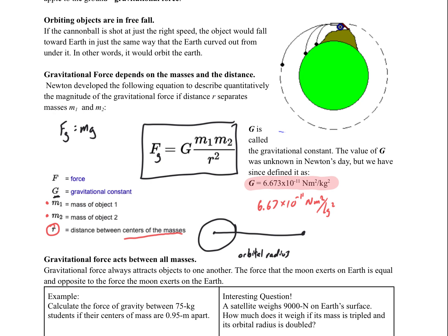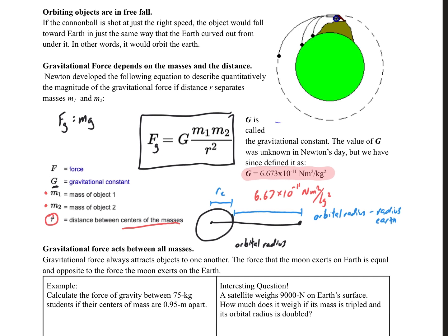I could ask how high above Earth, right? And so basically it's going to be the orbital radius minus the Earth radius, and that would give us how high above the Earth it is. So we'll just make sure we understand what the question is asking us. But the first few are fairly straightforward. Let's go ahead and jump into this.